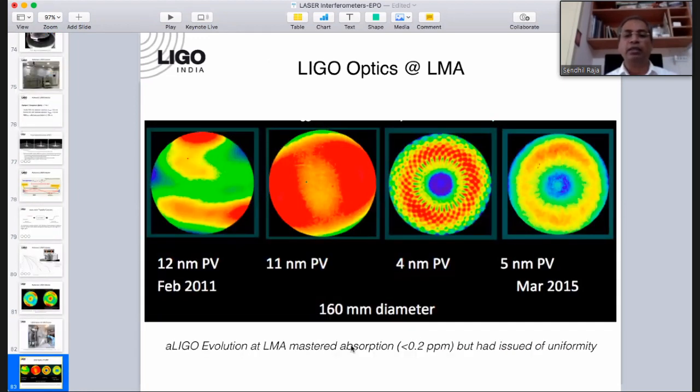And this is the evolution of optics quality over the last decade. And it's improved to something like 5 nanometer peak to valley and meets the required specifications. So the absorption and the coatings are the limiting factors for LIGO today, and there's a hunt on for achieving better recipes for coatings, which you have seen a couple of talks earlier, the various activities that can be taken up for future LIGO applications.